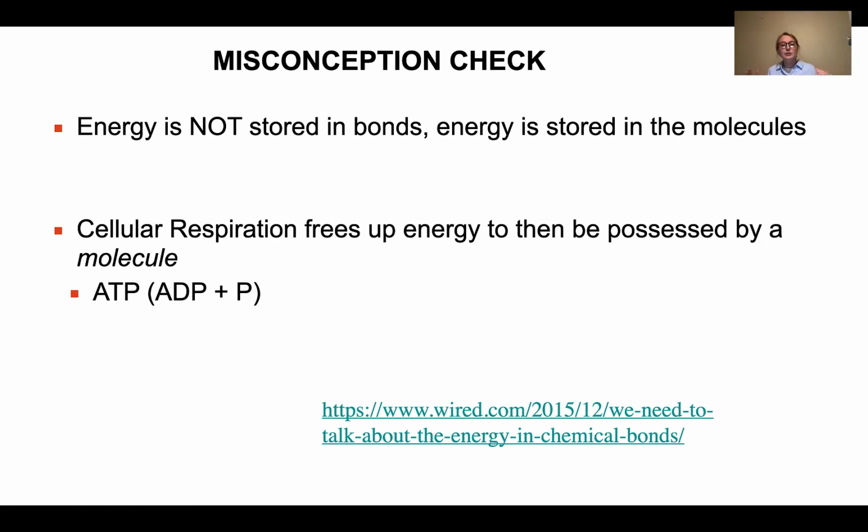And I'm sure you guys have heard this before, that the molecule that's possessed by energy in our bodies and in other organisms is ATP. So that's what we're going to talk about a lot going forward here. I linked a really cool article that talks about this misconception that energy is not actually stored in bonds, but energy is stored in the molecules. So check out that article.